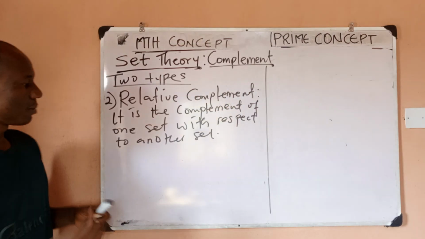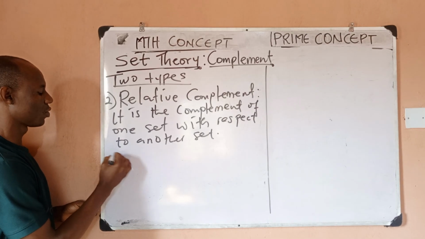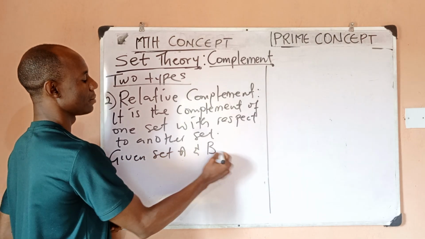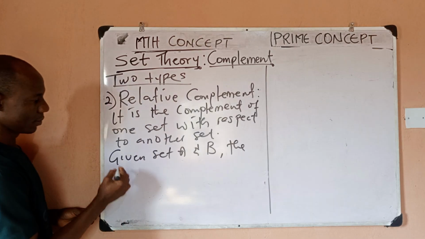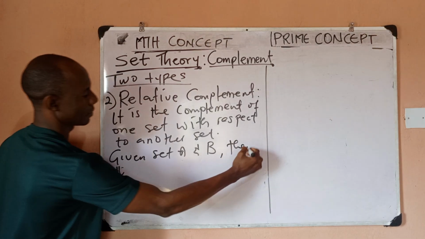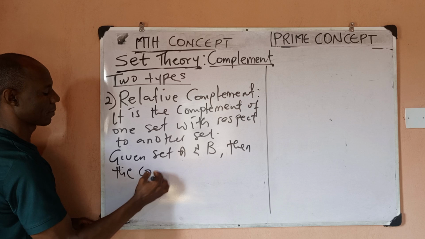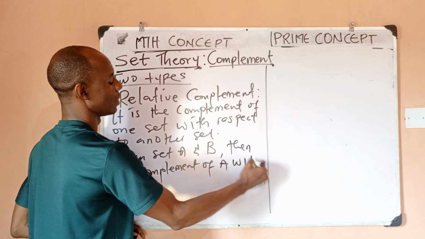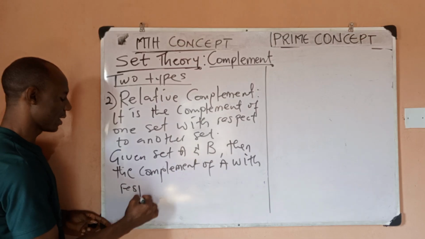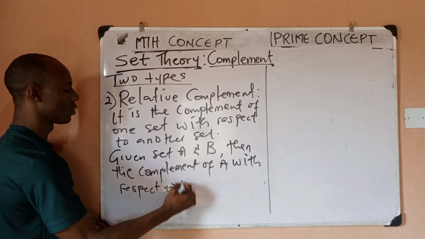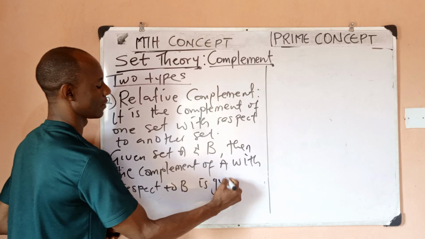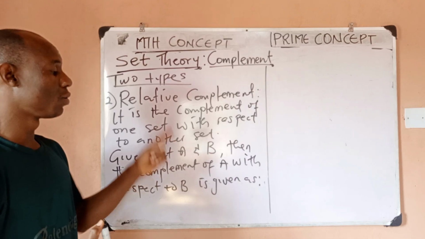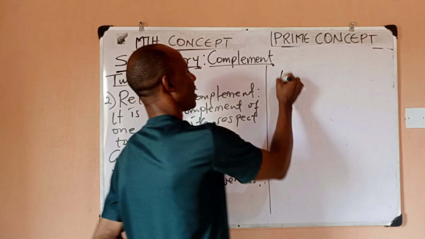The relative complement is denoted by this. Say we have two sets, given set A and B, then the complement of A with respect to B is given as follows. If you want to find the complement of A with respect to B, this is how we write it.